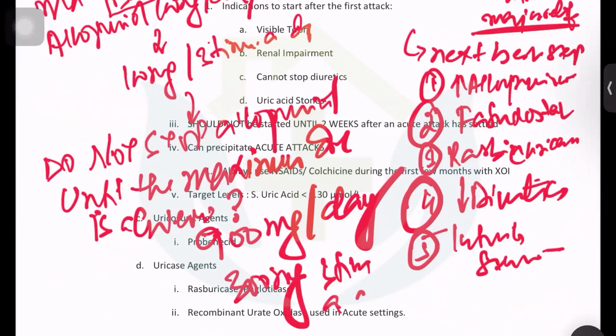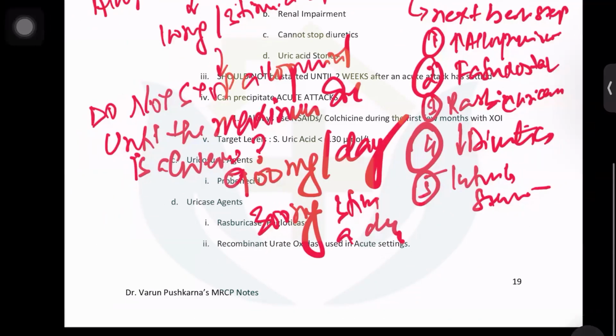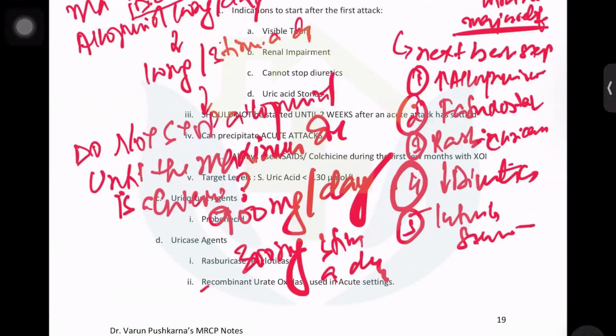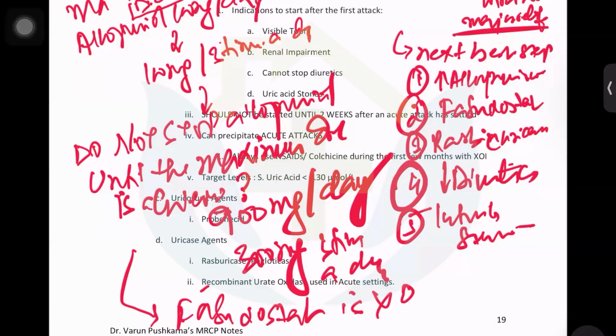Another interesting thing, the next guideline is: febuxostat is another xanthine oxidase inhibitor, like allopurinol, which has a marketing approval for allopurinol resistant gout.